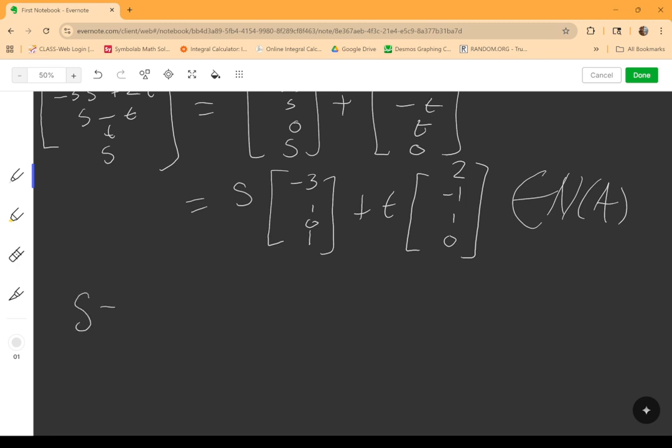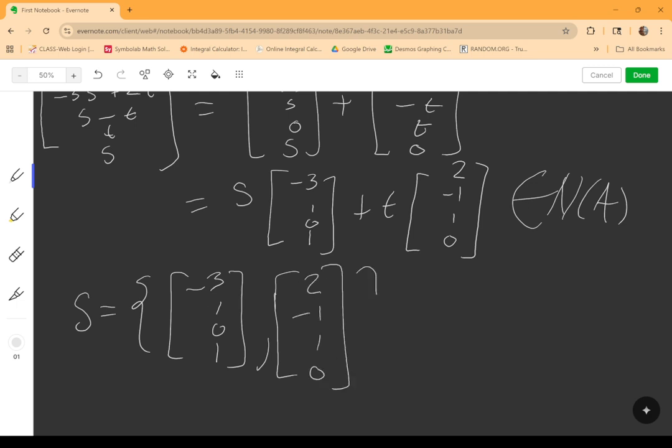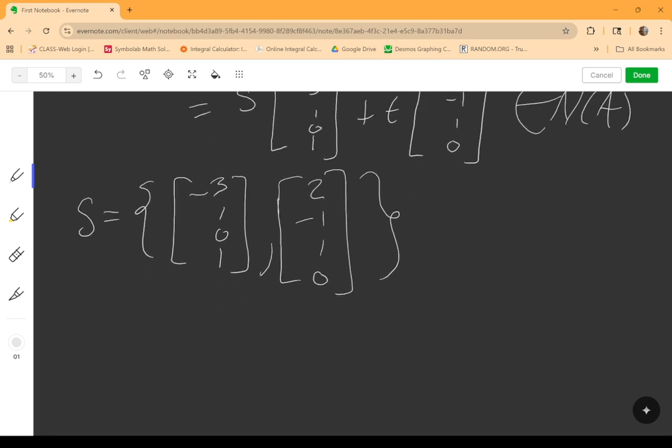So I can call S a pair of vectors corresponding to the dependent variables. Right? In this case, we had two pivots, so we had two vectors. All right, so that's the set defined by those vectors.